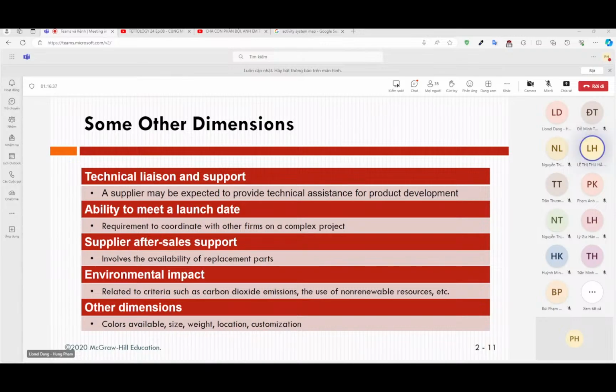I don't think there's anything else. There is, for example, environmental impact. After sales support. What can you think of the after sales support?